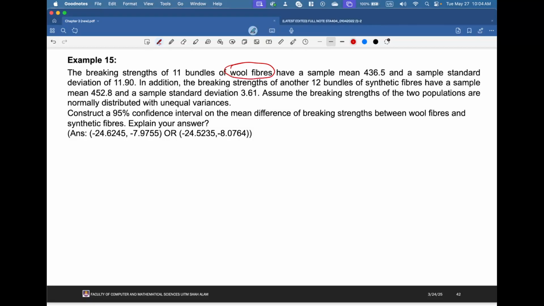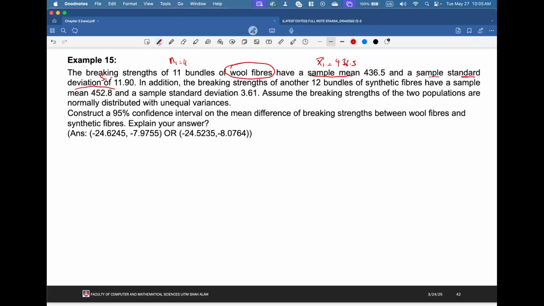Suppose we put wool fiber as the first group, so n1 equals 11, the sample mean x bar 1 equals 436.5, and the sample standard deviation S1 equals 11.9.